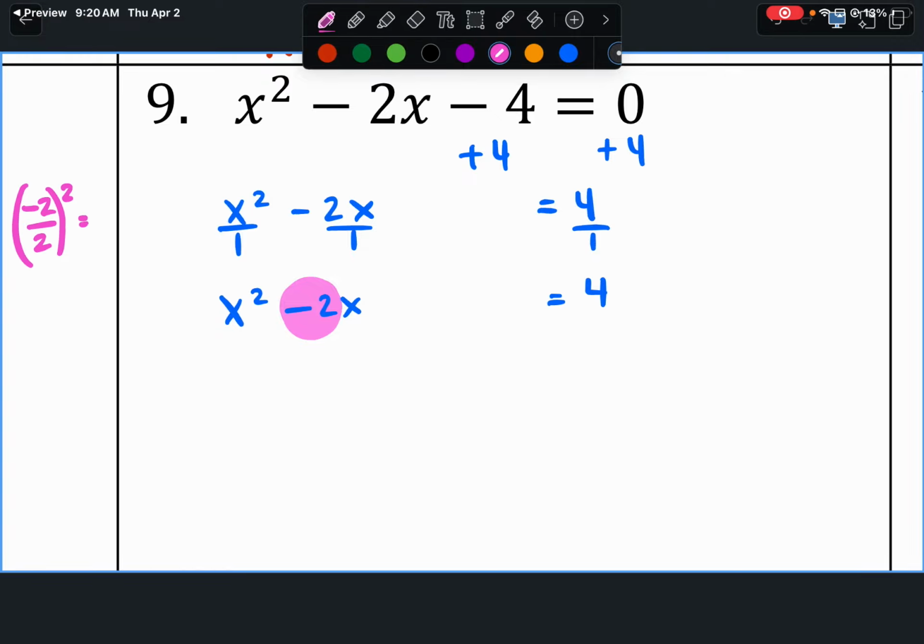Now, it is basically the exact same thing when we have complex solutions. The only difference is when we have a complex number, that means it is going to have some part of it that is imaginary. So that means our answers will have i.